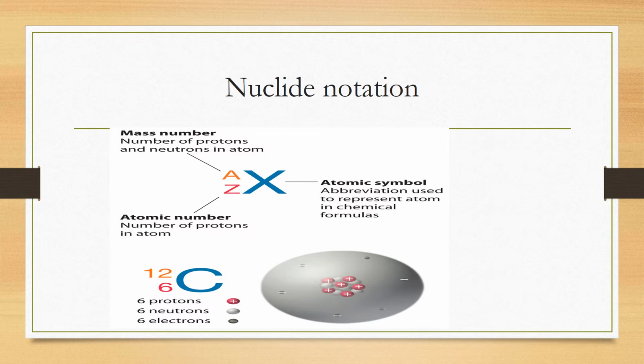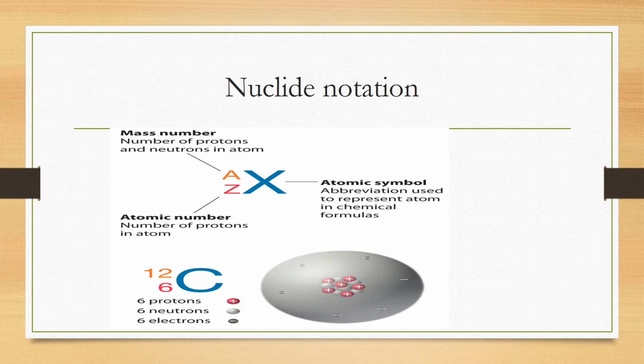Okay, so you are also required to know what we call nuclide notation. You should know how elements are shown in a periodic table. This capital letter X gives us the abbreviation of the particular chemical element.